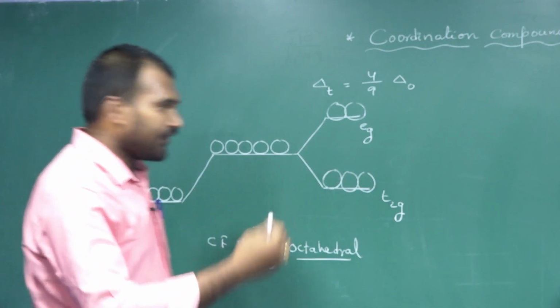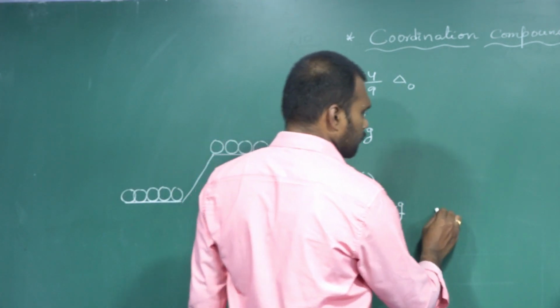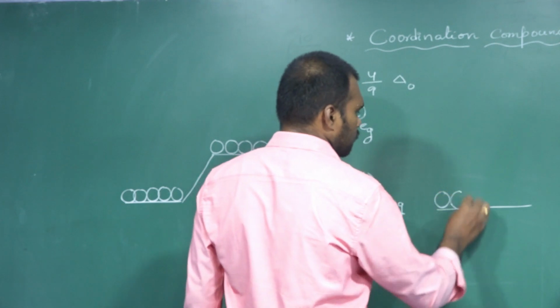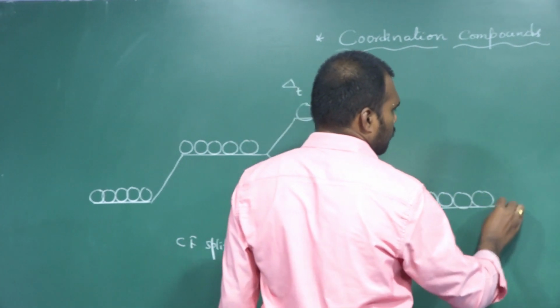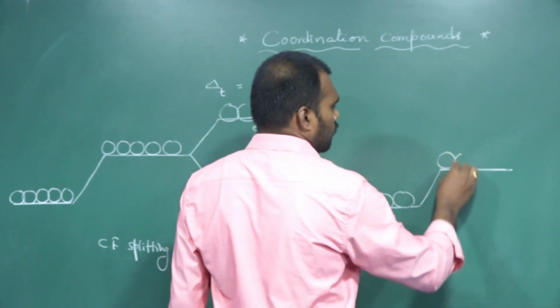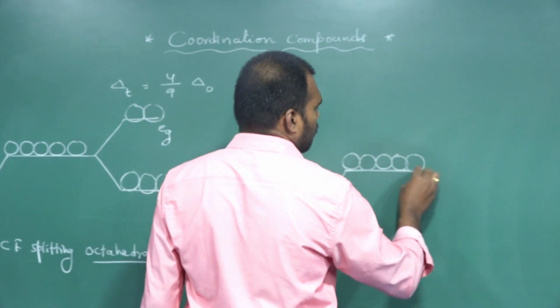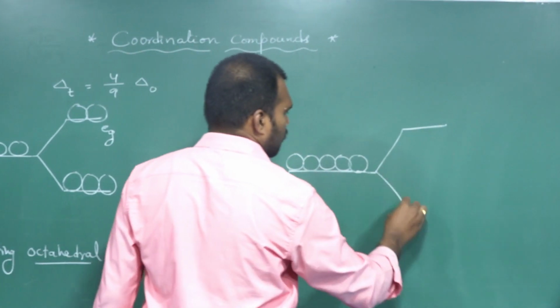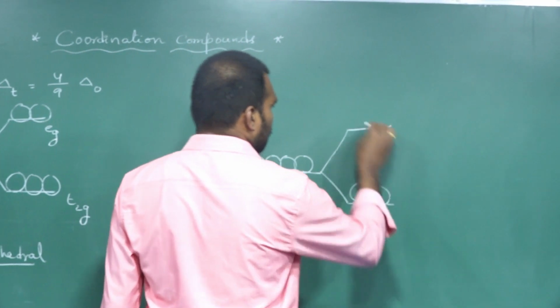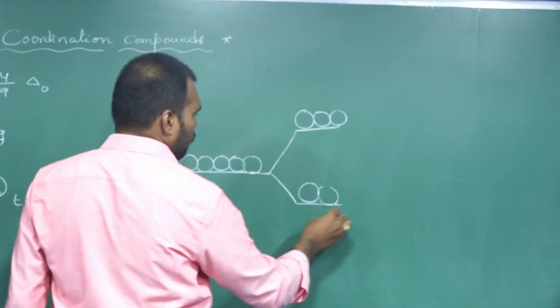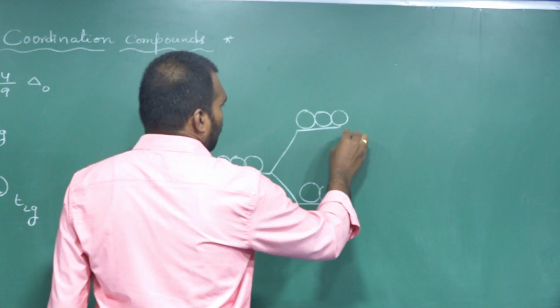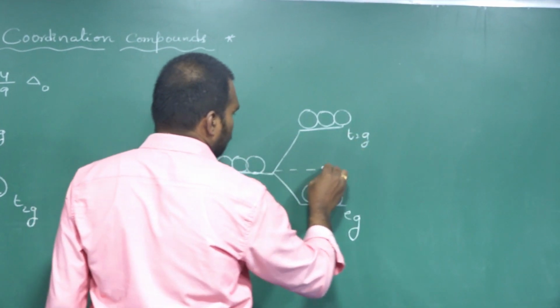Whereas in the case of tetrahedral complexes, this is eg and this is t2g.